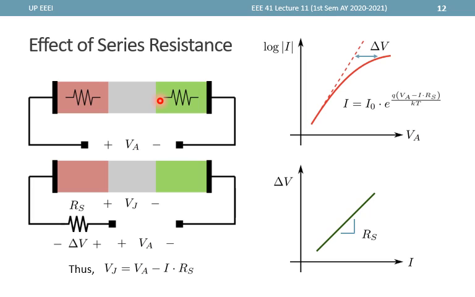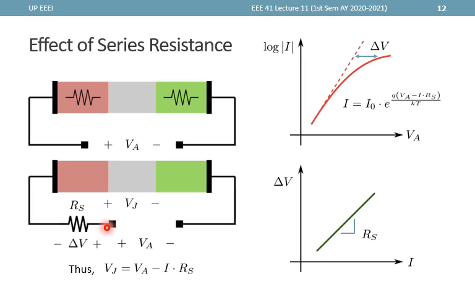Now, what we can do instead is consider that these two resistances in series are combined and put outside here. So we now have this ideal diode here, wherein the voltage is dropped only at the junction. However, from our applied voltage, some voltage is dropped across this series resistance.